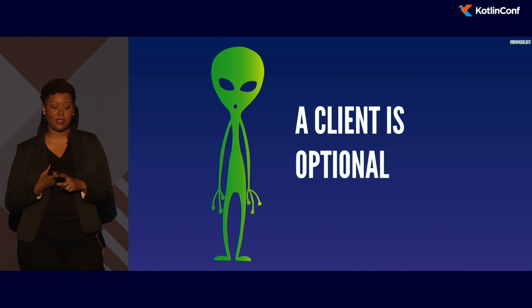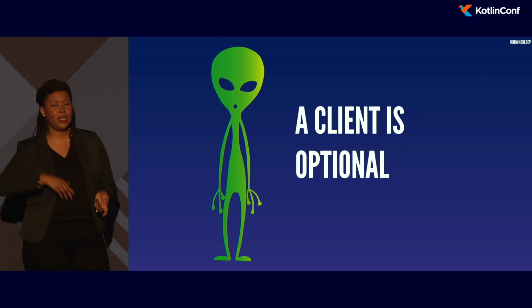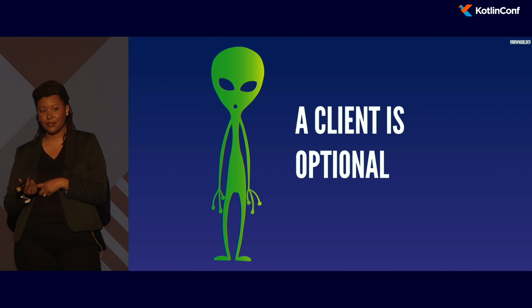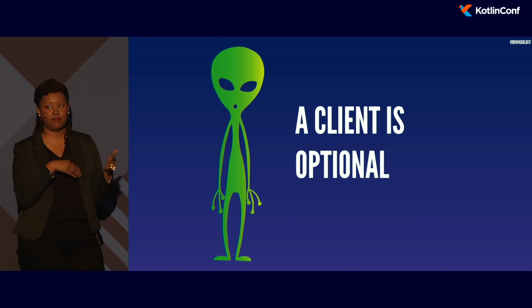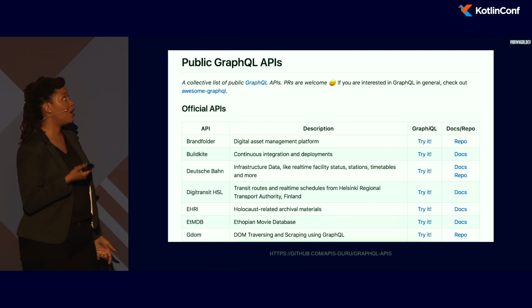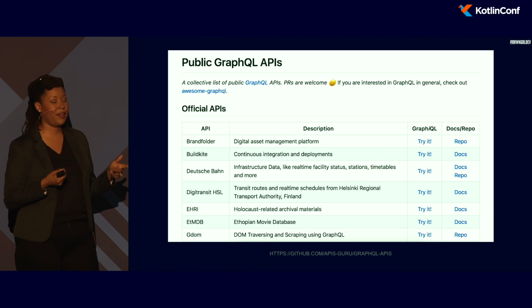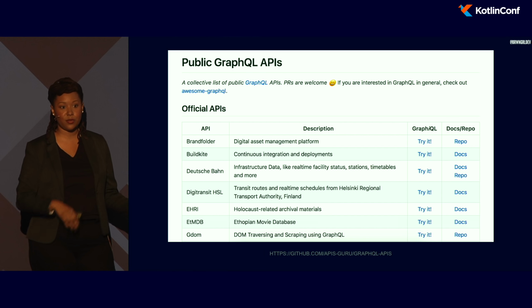In some cases, especially with Apollo Android, it would just generate tons of Java objects for some of my queries that I ended up converting to Kotlin objects. So it was a waste, and I wasn't doing anything special, so I just didn't need to use it. Keep that in mind. Also, there are public GraphQL APIs available if you just want to start playing around with GraphQL based on someone else's work.